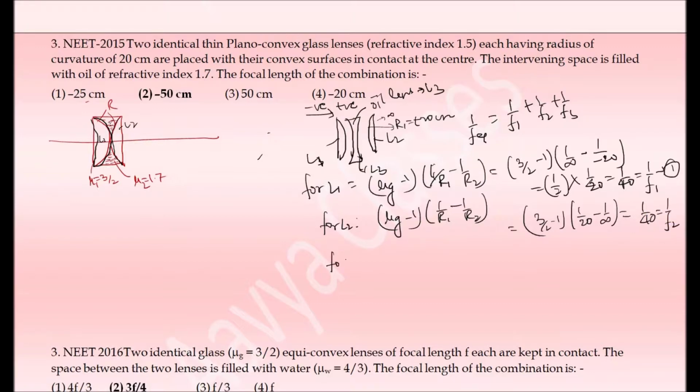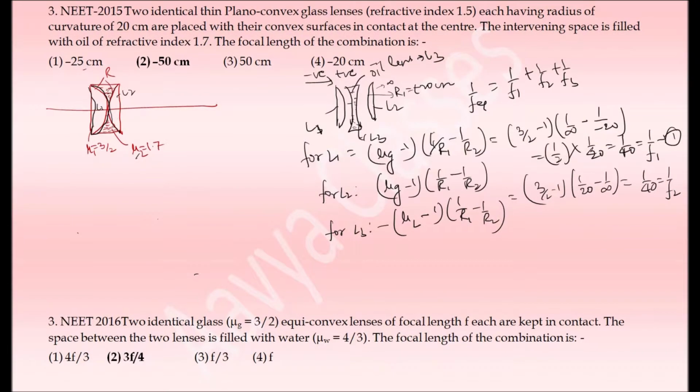Now for the oil lens, that is L3, this is a diverging lens and we have to calculate (mu L minus 1)(1 by R1 minus 1 by R2). If you consider this oil lens, then radius R1 comes with negative sign and radius R2 comes with positive sign, both having the value 20.